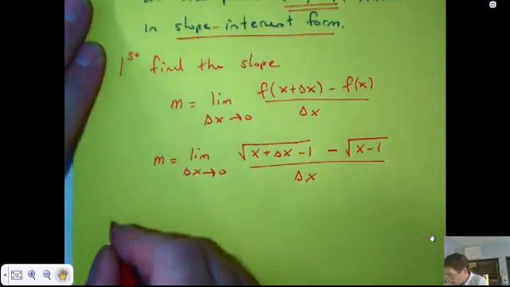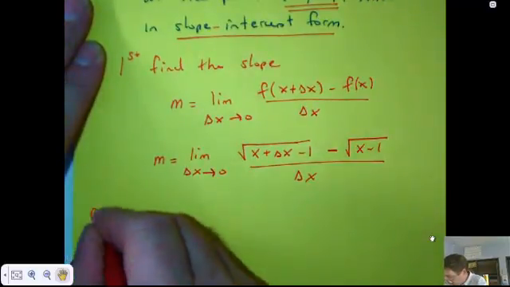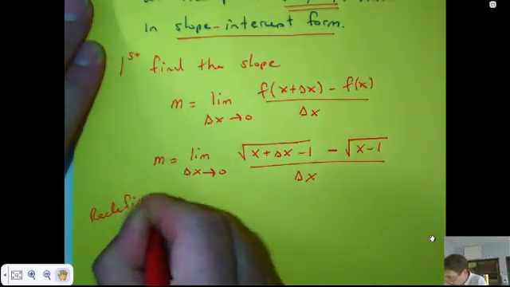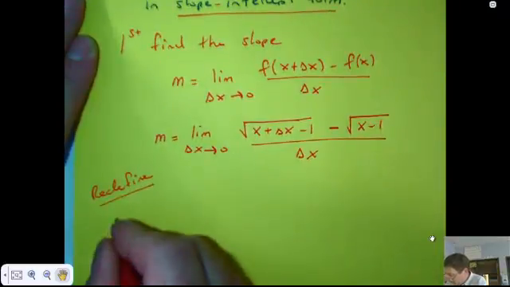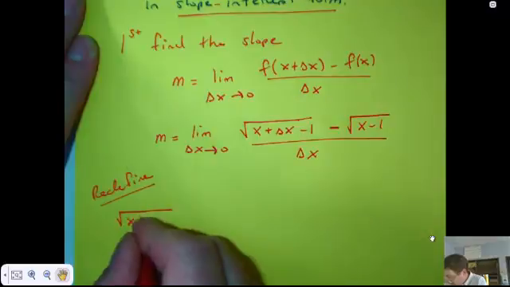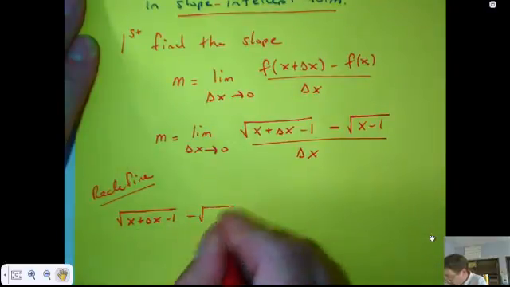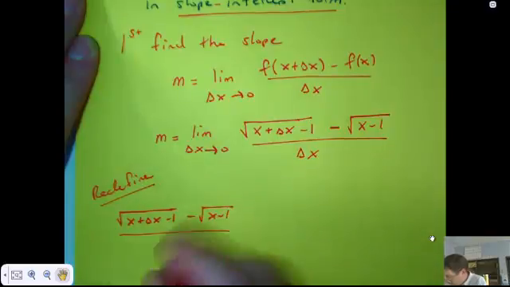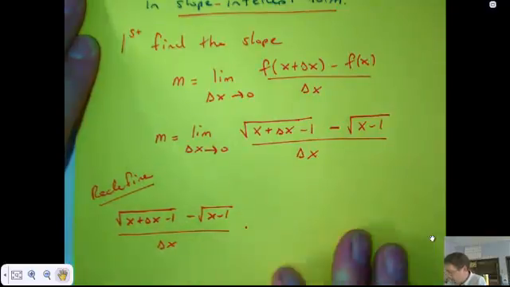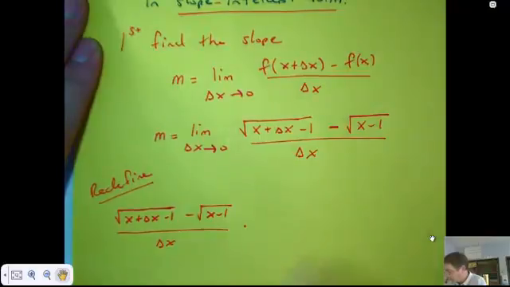So we have the square root of x plus delta x minus 1 minus the square root of x minus 1, over delta x, times, okay, so what's the conjugate going to be?